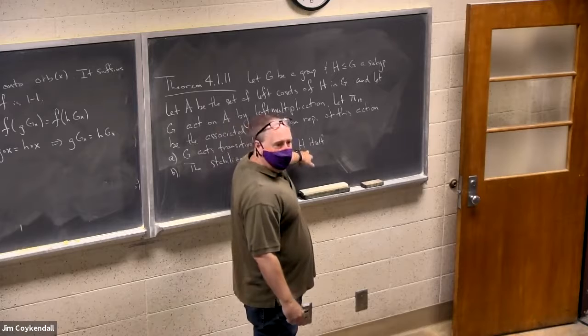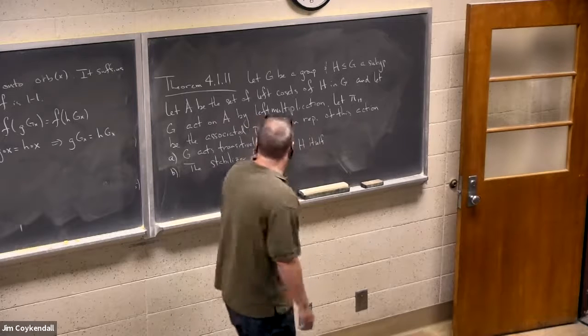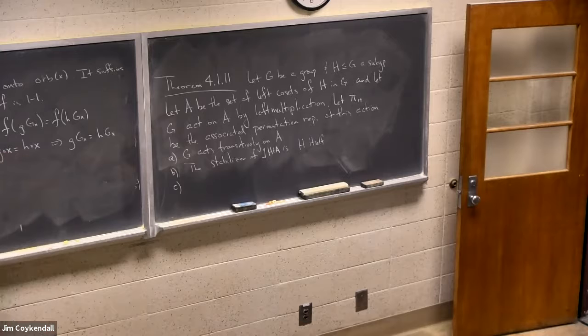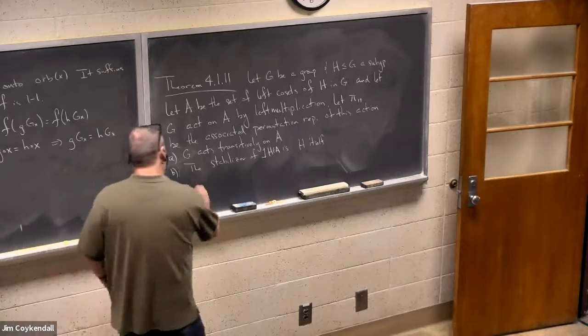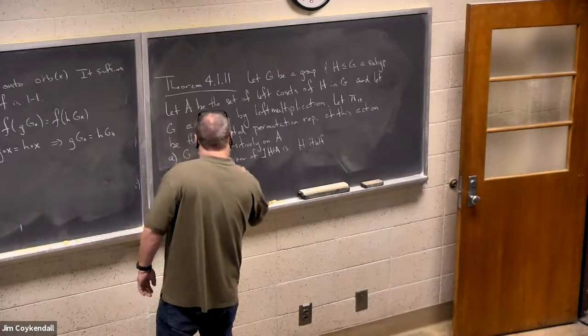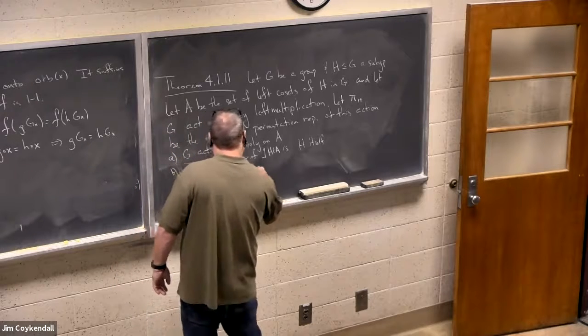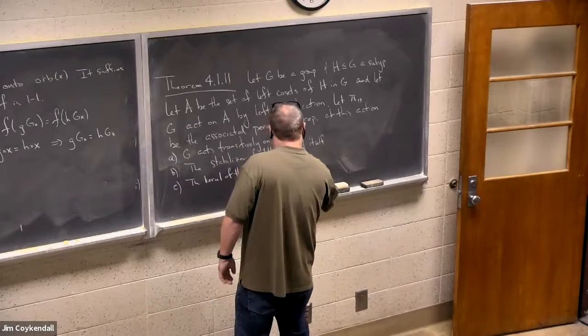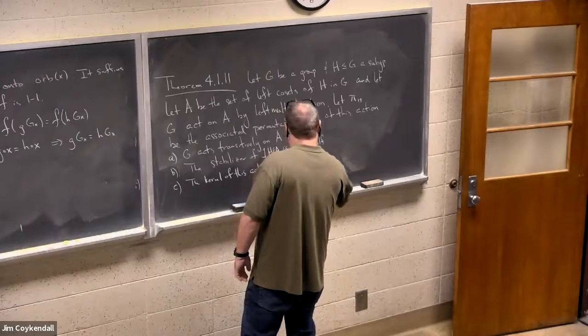The subgroup that leaves the coset alone is precisely H. And C, in general, the kernel of this action is the intersection of x H x inverse.